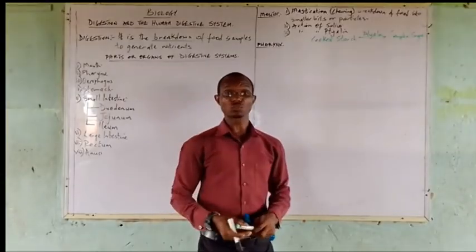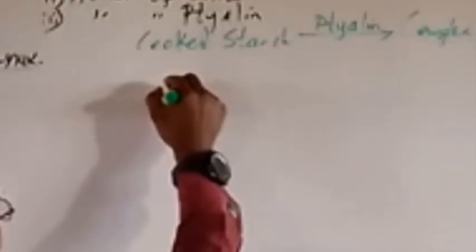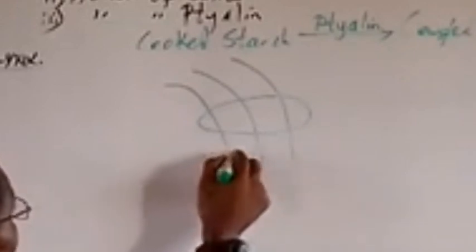Let me try to depict what I have said diagrammatically. Now, let us imagine that we have something that looks like this. This region here is what I have explained to be the pharynx. This is the trachea, and here we have the esophagus.